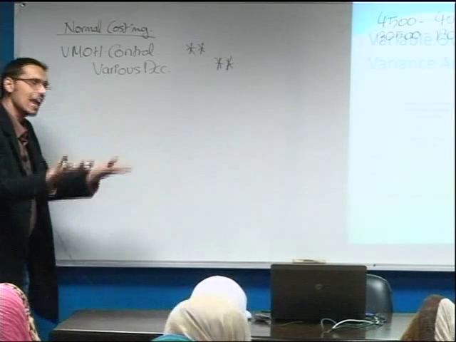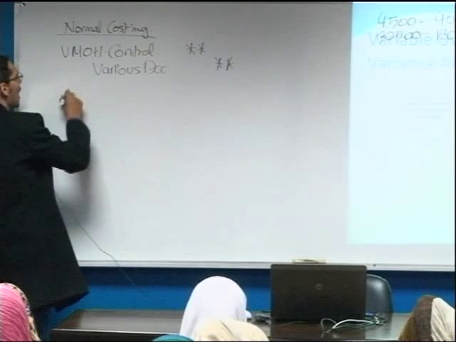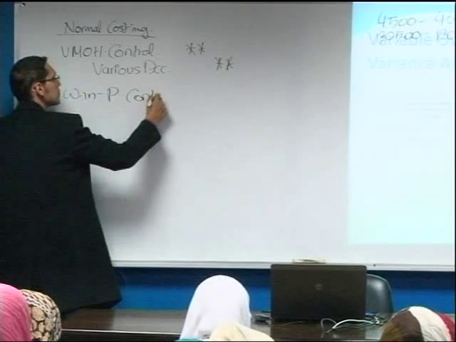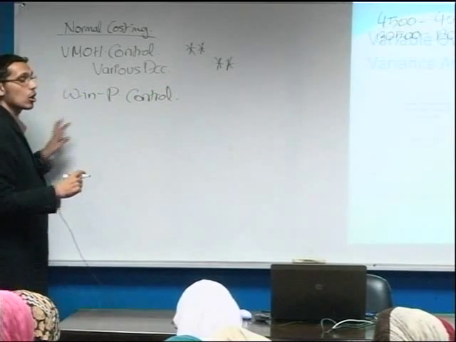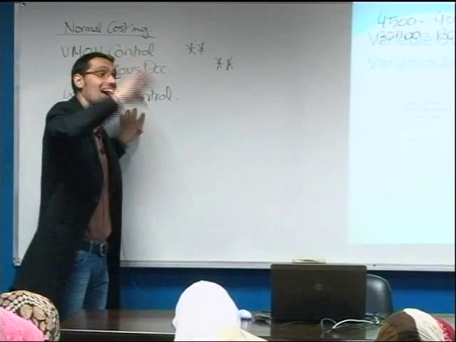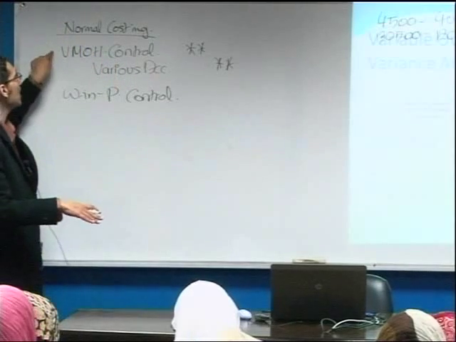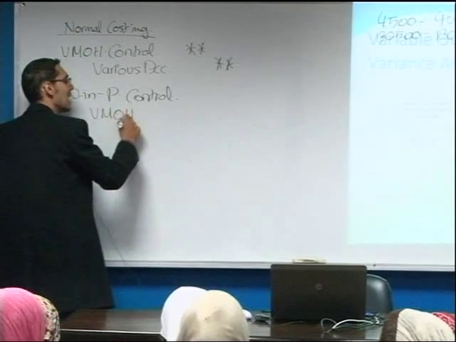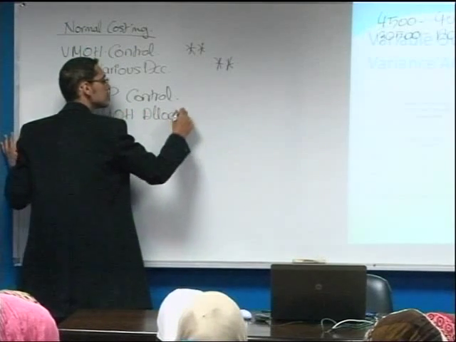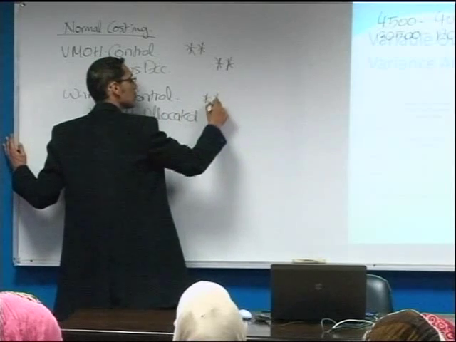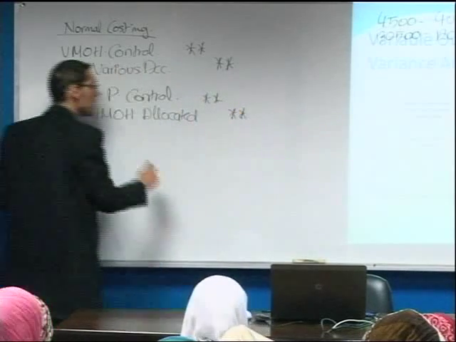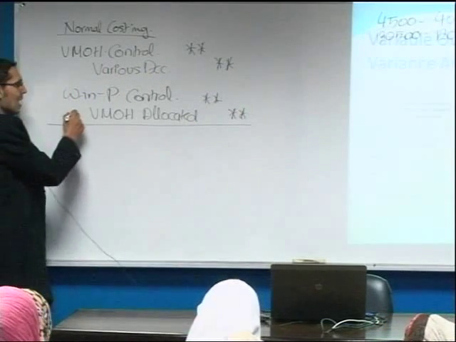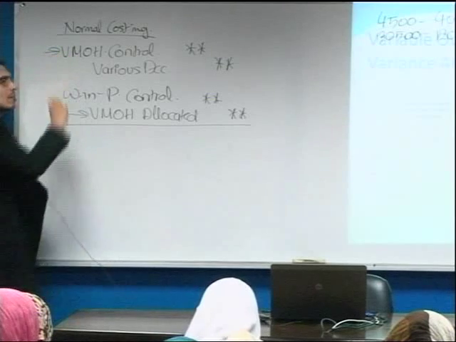Therefore, in our allocation, we would debit the work in process control, and we are going to recognize another account, which is a contra account to the variable manufacturing overhead control, which is the variable manufacturing overhead allocated. And then, at the end of the period, as we said, the allocated amount would be different than the actual amount.